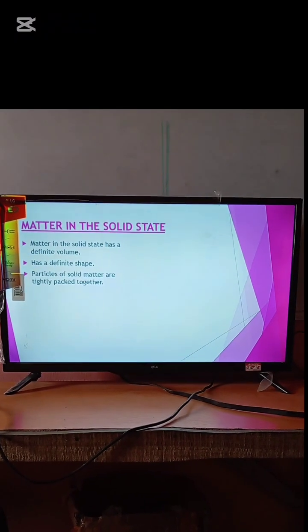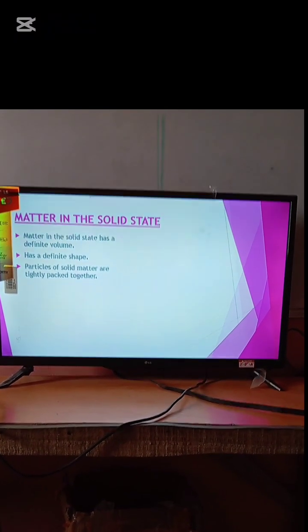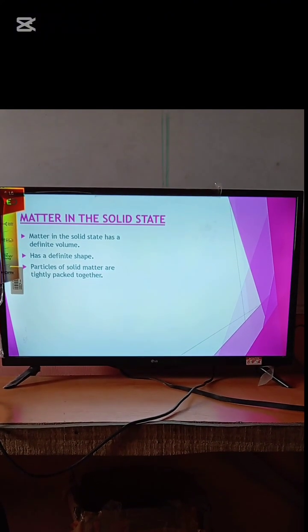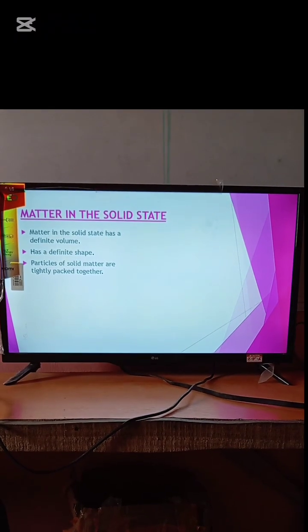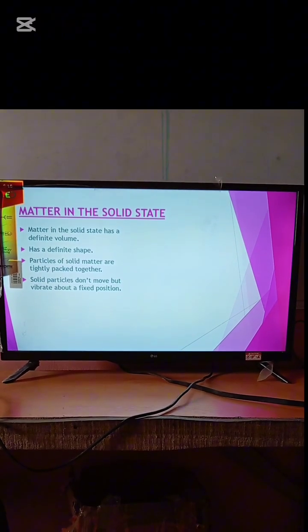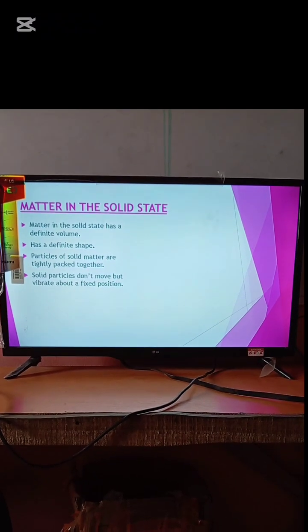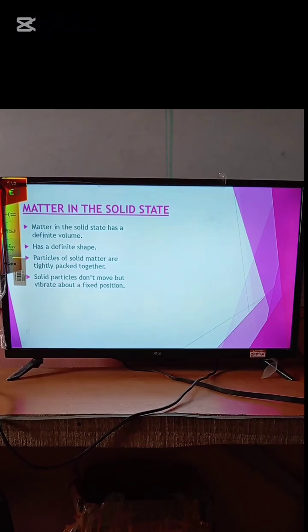The particles of any solid matter are tightly packed together, so there is no space between their particles. They cannot move freely, but vibrate about a fixed point.